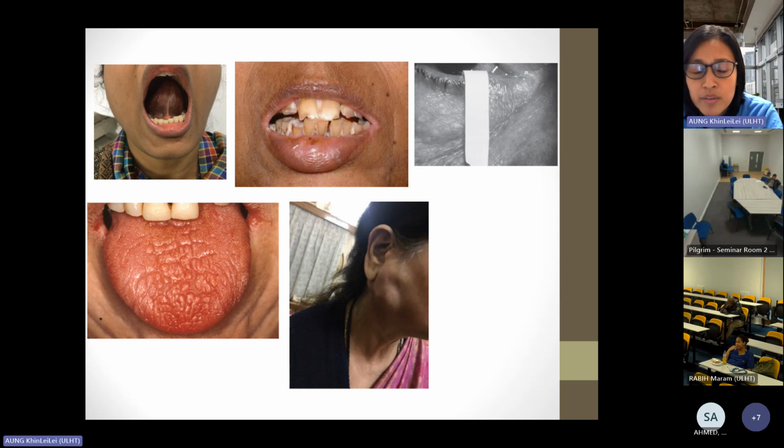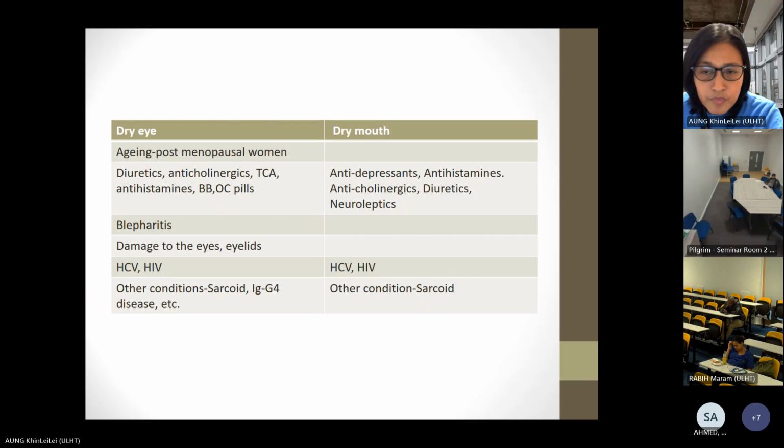Because Sjogren's syndrome is a disease that affects the exocrine glands, sometimes the patient can present with parotid swelling. You can see the patient having some parotid swelling. However, dry eyes and dry mouth are very common in the normal population. Dry eye is seen in aging patients, on diuretics, anticholinergics, antidepressants, previous surgery, hepatitis C, HIV infection, and other diseases.